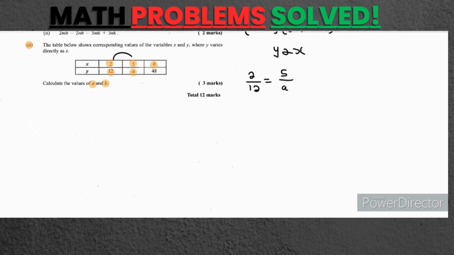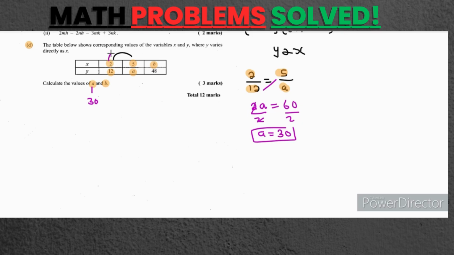If you simplify it by using cross multiplication, 2 with a and 5 with 12, what will you get? 2 times a is 2a equals 12 times 5 is 60, right? Then you will get rid of the 2 by dividing both sides by 2. So 2 and 2 cancel out, and 60 divided by 2 is 30, right? So a is 30 here. The unknown a is 30, right?